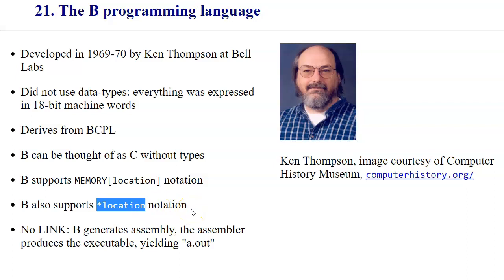And it's also interesting that when you use an open source compiler and compile your code without specifying a name for the output file, it will generate a.out, and it goes back to the history of B, where B generated directly an assembly program, and assembler would produce an executable. And this is why a.out stands for assembler output.